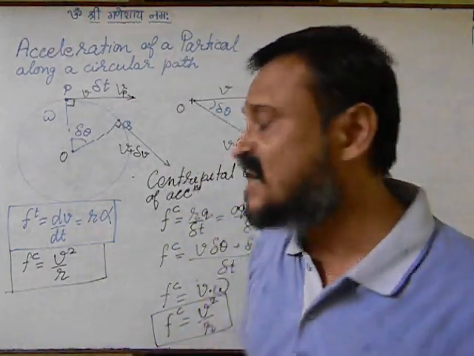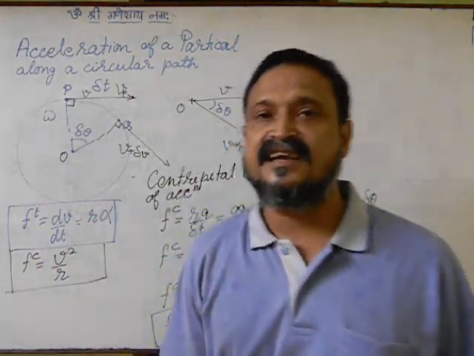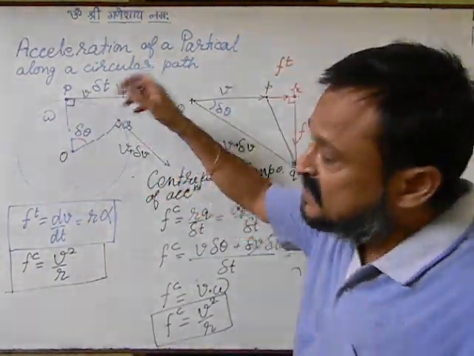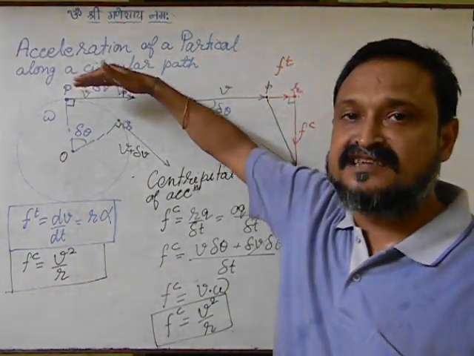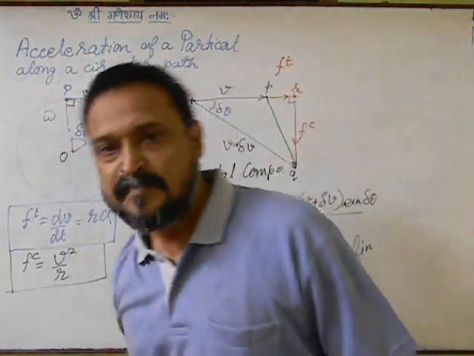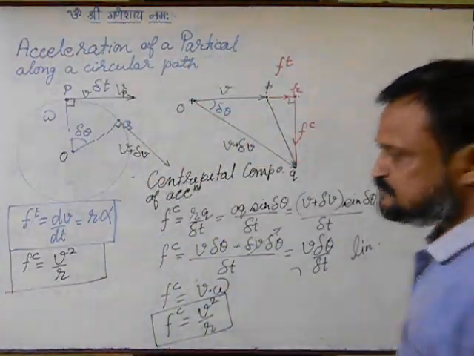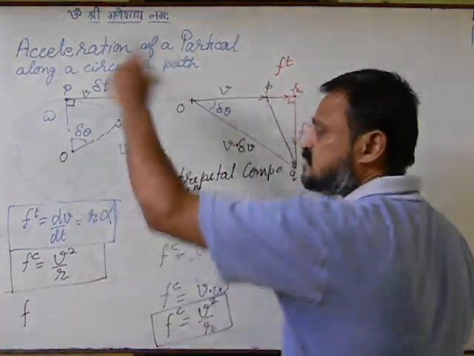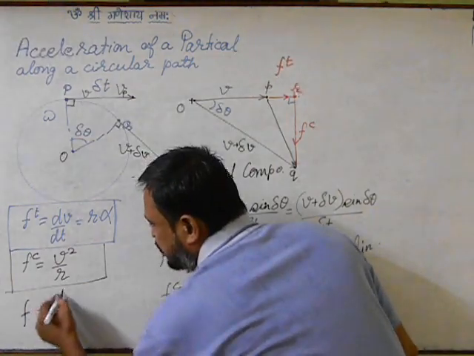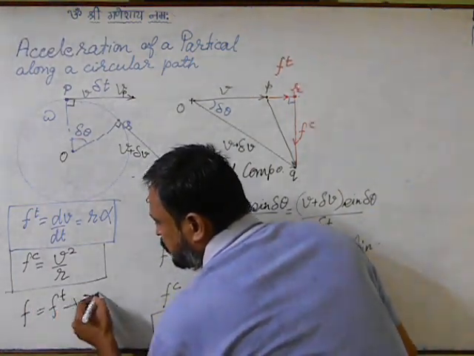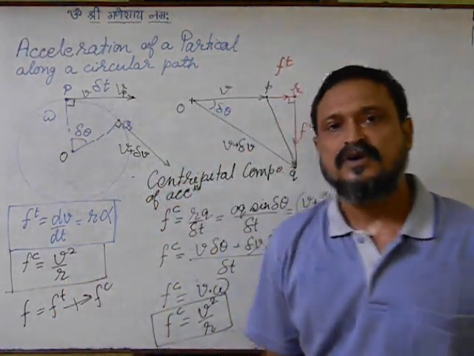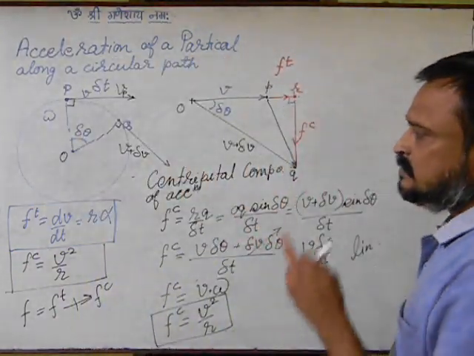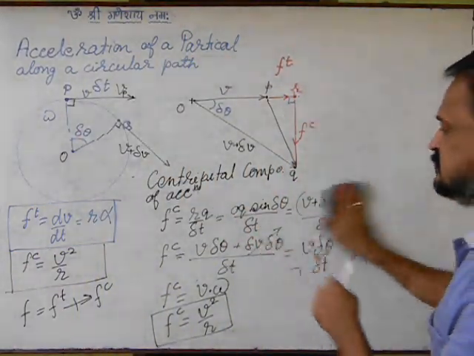Now if it is retarding, then the acceleration will be in the negative direction. So the vector will be parallel to the tangential path, but in the opposite direction. So that is how we can say the absolute acceleration of that particle will be the vector sum of these two components. Fine.